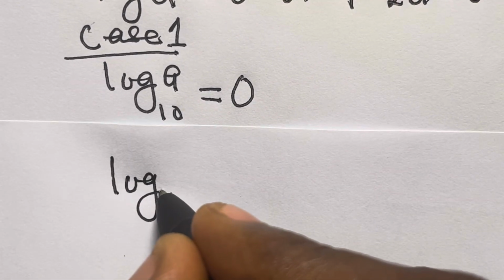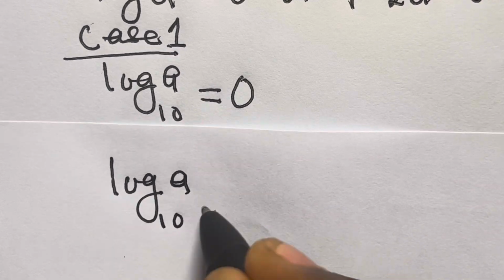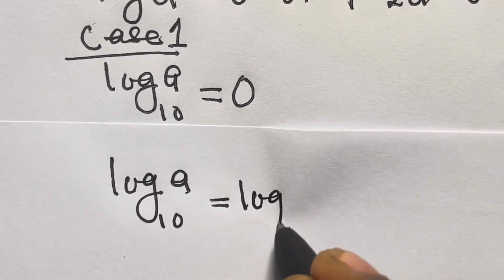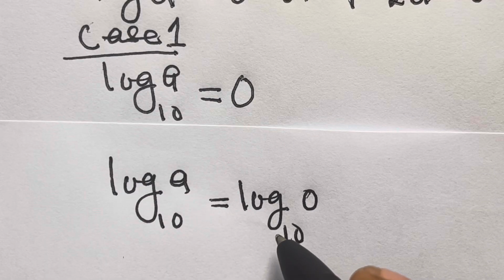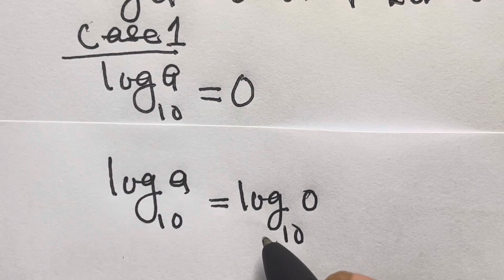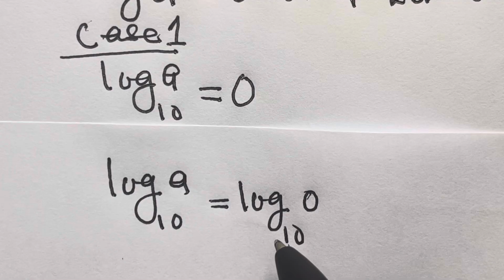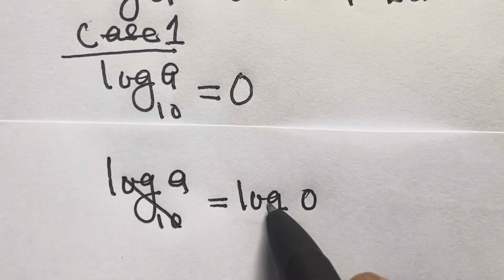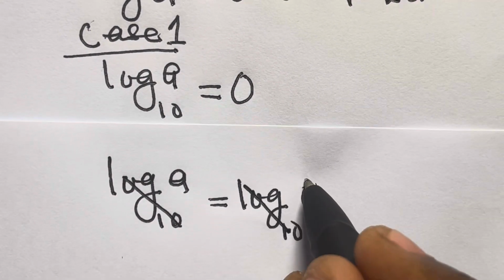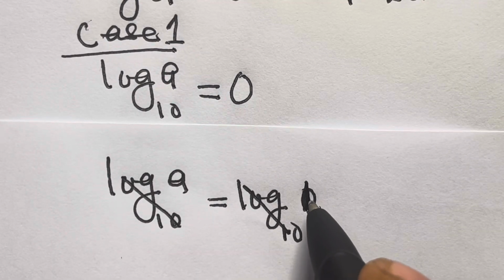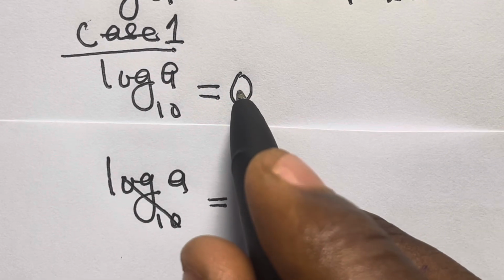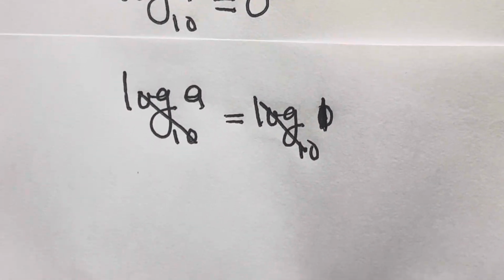So we have log a in base 10 equals 0. You observe that this is 1, it's when we have 10 raised to power 0. So this will become 0.